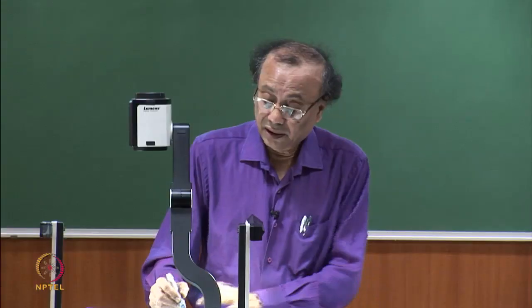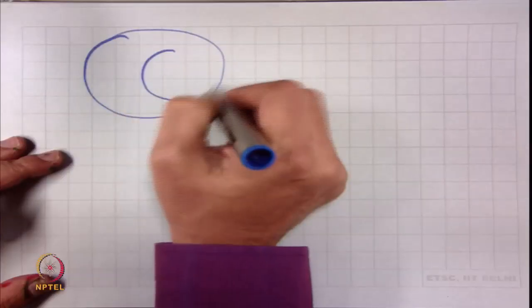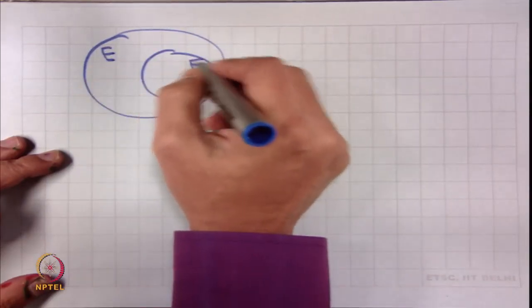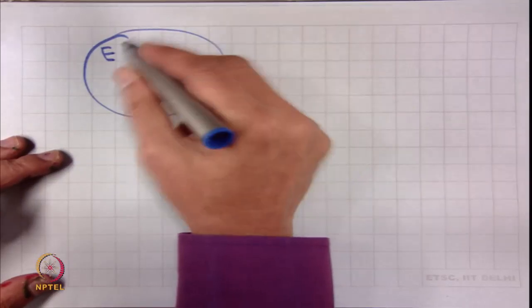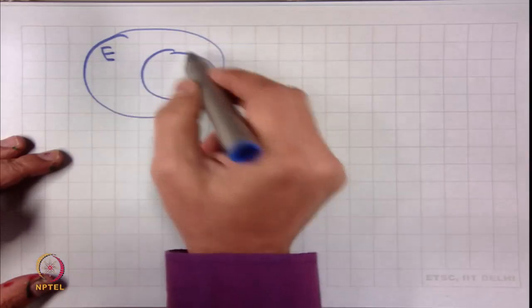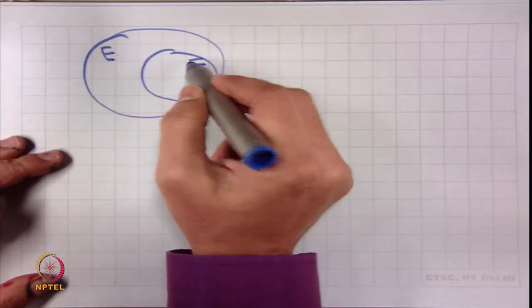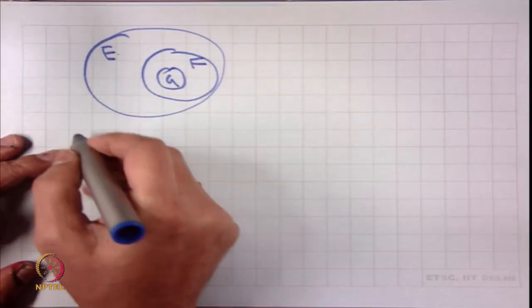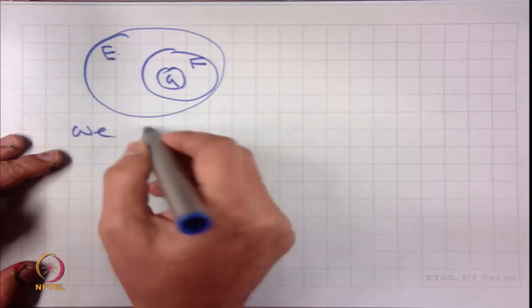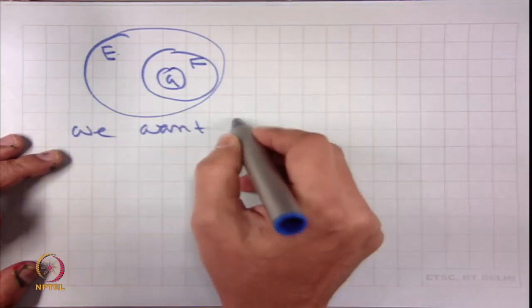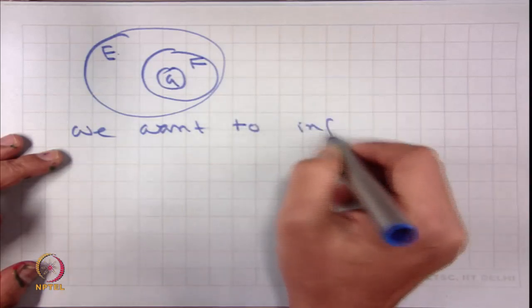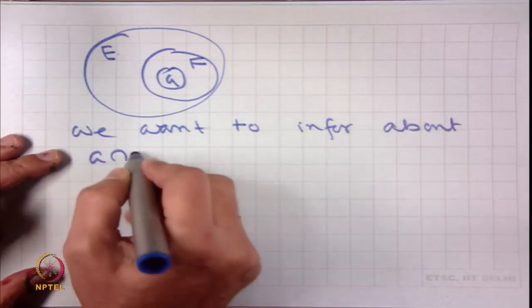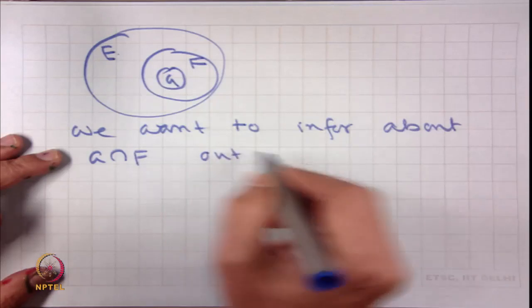That means, suppose E is the original set, of which F is a fuzzy set, and among those which satisfy both E and F there is the fuzzy set G, and we want to infer about G intersection F out of E.